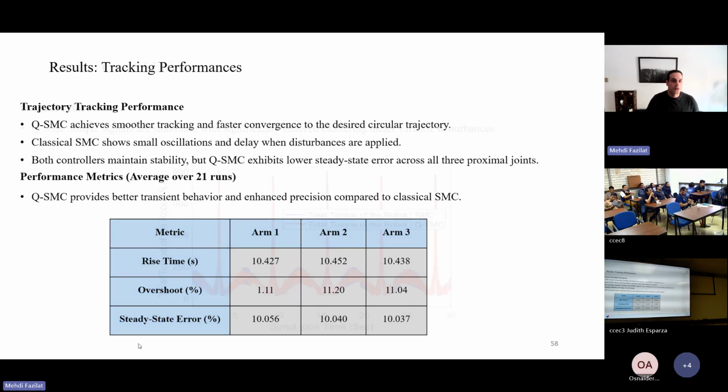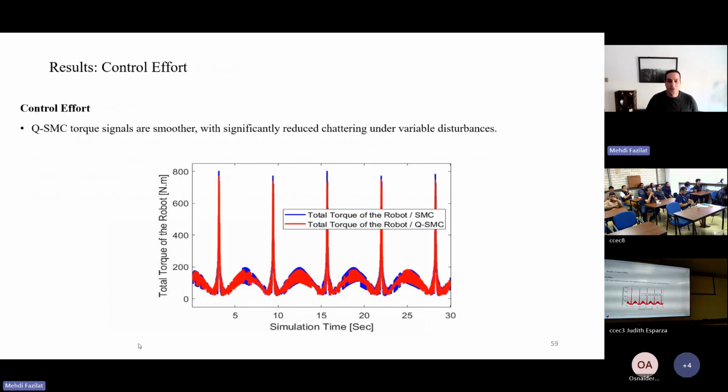Also for the control effort, as you can see, the red one is the quantum controller and the blue one is the classical one. It's very clear in the figure and the plot that the quantum controller has reduced chattering during the execution of the tasks.